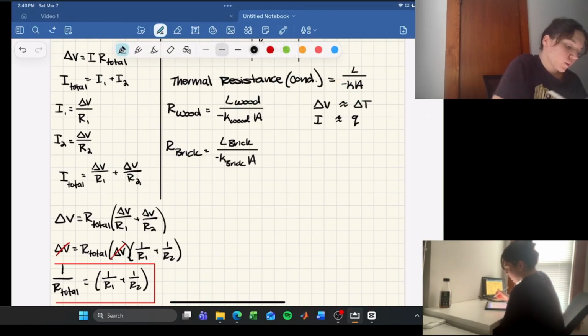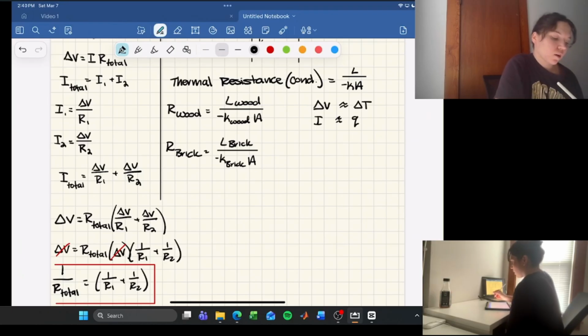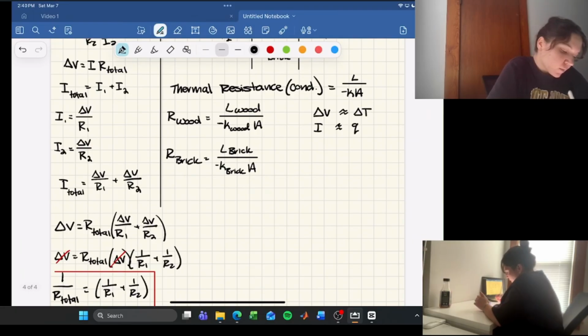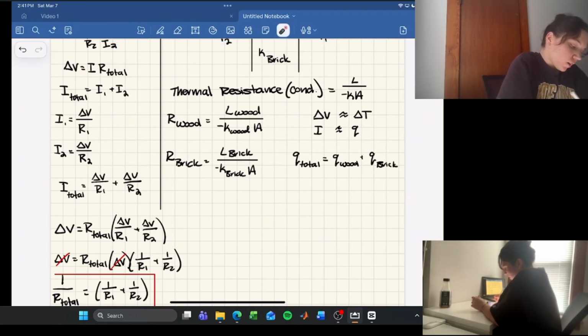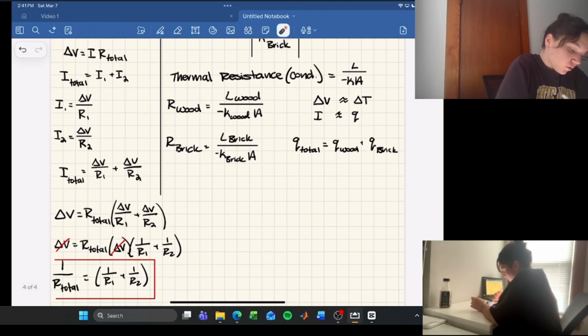So if we're trying to find the total heat flow for this example through the wood and the brick, we know that Q total is equal to the heat flux of the wood plus the heat flux of the brick. And this is the exact same thing as right here.